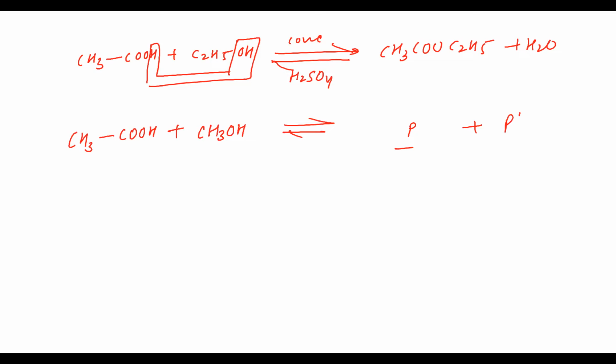What will be their product? And one more reaction, CH3CH2COOH plus C2H5OH. Write down the product here, P plus P dash. Let me write. I can try, but it won't let me write.